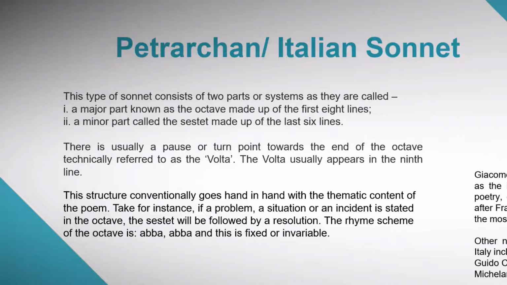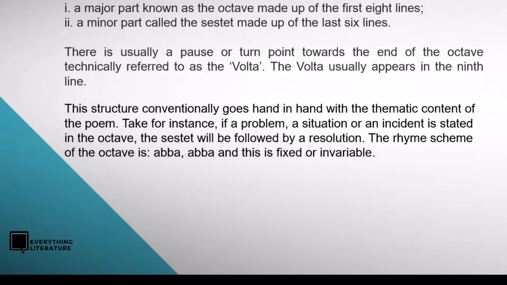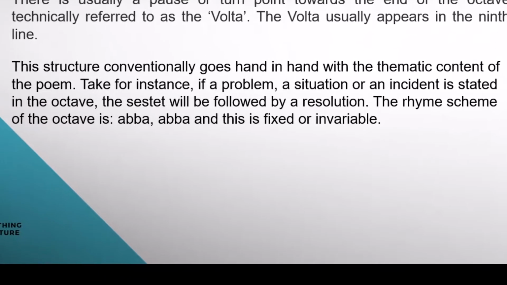What we mean by that is that at the octave level, there's usually a problem, situation or incident being stated, and the sestet is followed by a resolution. That is, you provide a resolution or solution to the problem at the sestet, the second stanza.